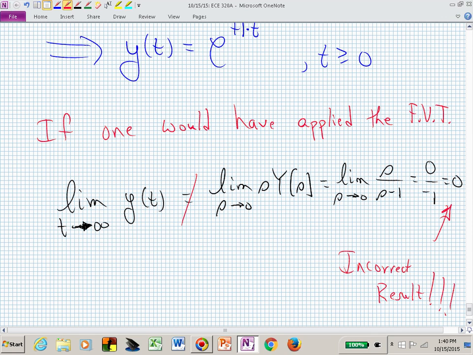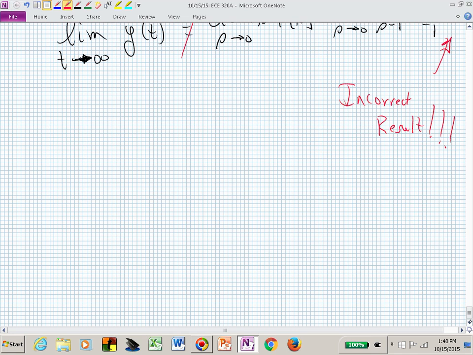You couldn't apply the final value theorem because when you check the second condition, s Y of s, the poles were in the right half plane. Boom, I can't apply the final value theorem. If you do, it will give you the wrong answer. Questions on that? So we shouldn't have gone down below the blue, the y of t. Let's look at another one.